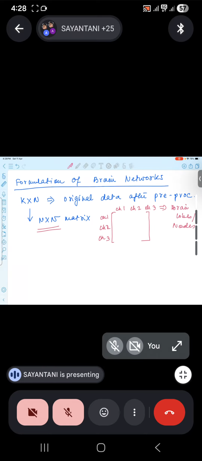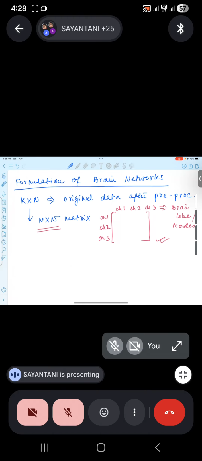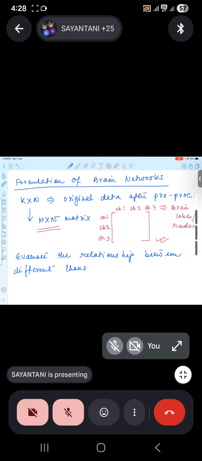Now the main motivation of getting this particular adjacency matrix is to mathematically evaluate the relationship between different channels, which are nothing but your brain lobes or your nodes.